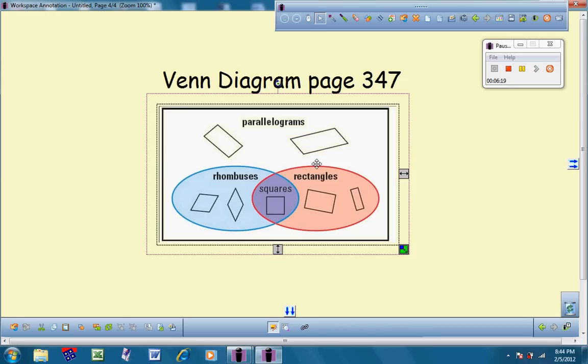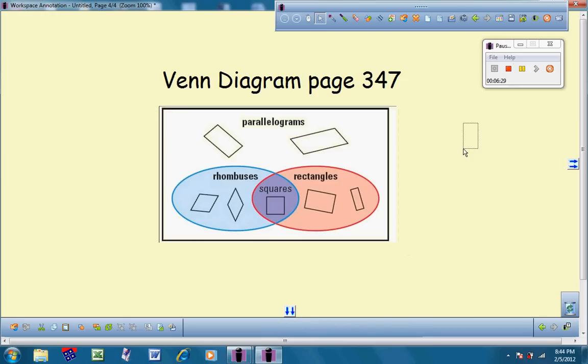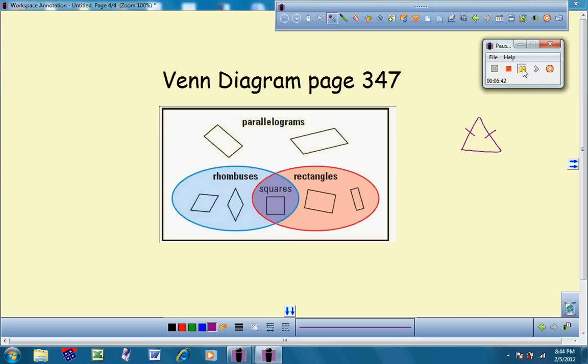Just like we talked about there being an isosceles triangle, an isosceles triangle is when we have a triangle with two congruent sides. We also said that we could have an isosceles trapezoid where the legs were congruent.